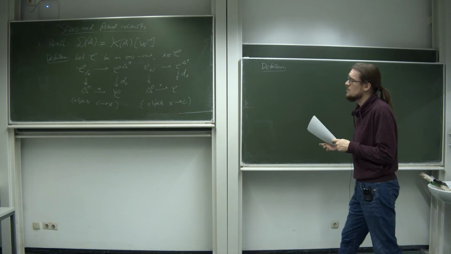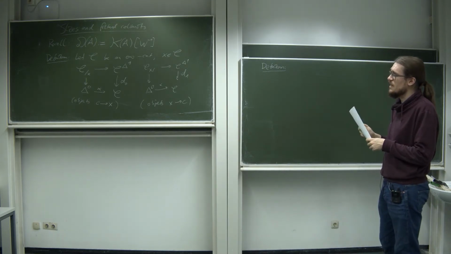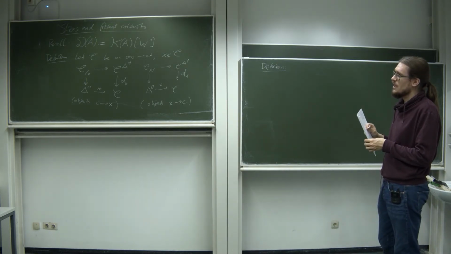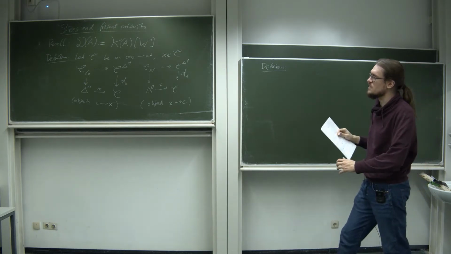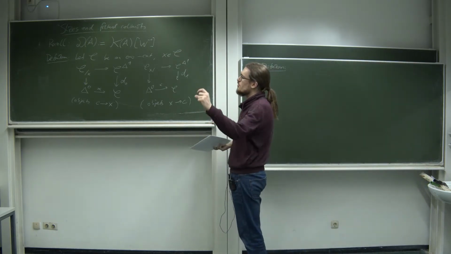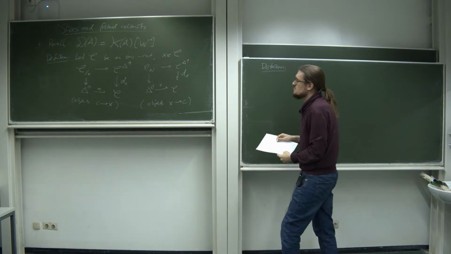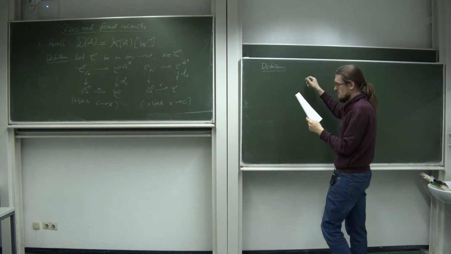In terms of that, we can now define, for fixed objects of K of A, a category of quasi-isomorphisms over that object. So what does that mean?